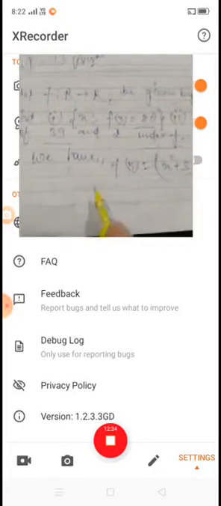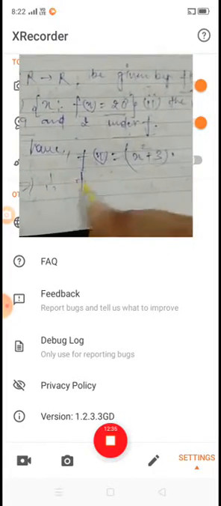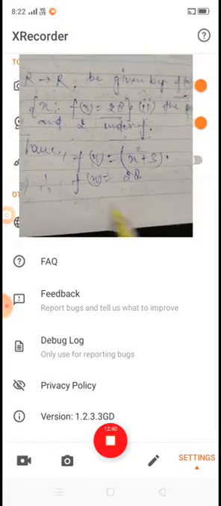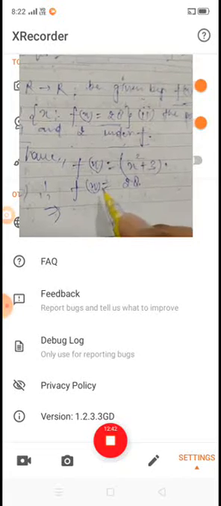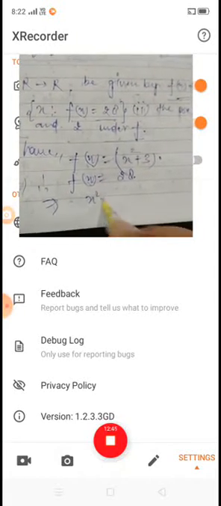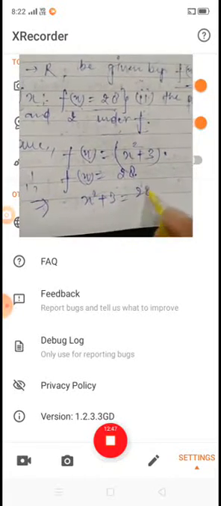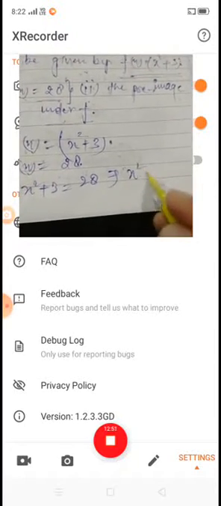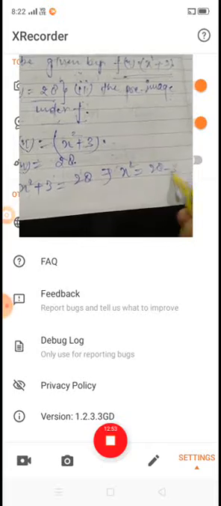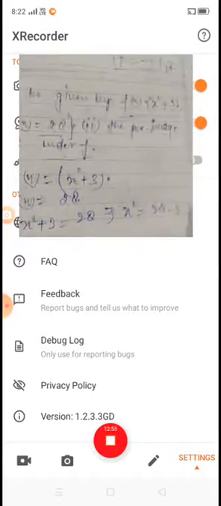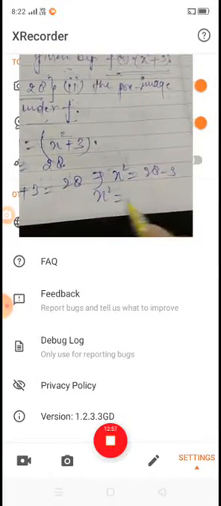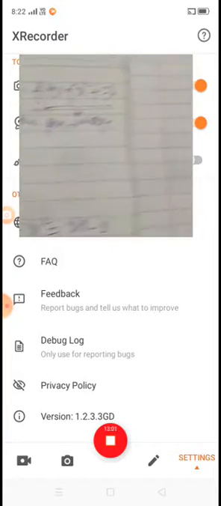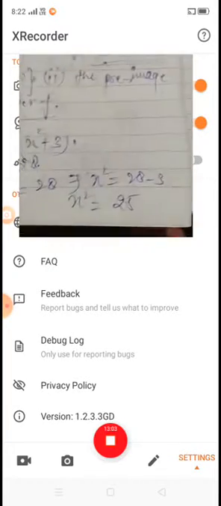Since f of x is equal to 28, putting the value of f of x, that is x square plus 3 is equal to 28. So x square is equal to 28 minus 3, that is x square is equal to 25.